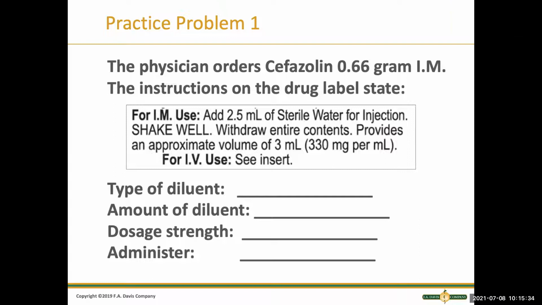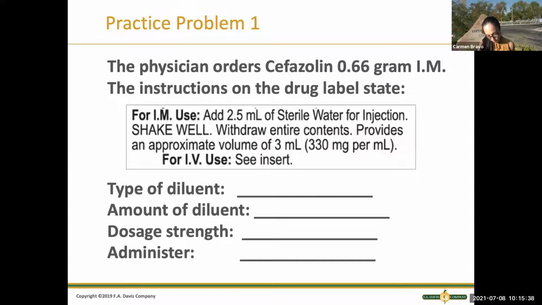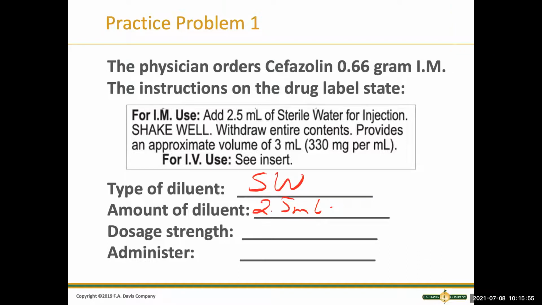Sterile water. Yep, the sterile water. And then how much? 2.5 milliliters. And what's the dosage strength once it's reconstituted? 330 milligrams per mL.